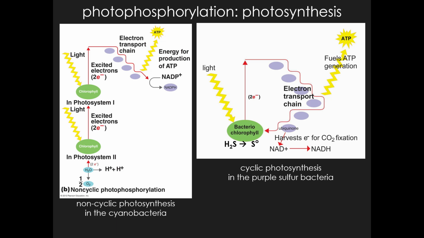So photophosphorylation uses electron transport chains just like respiration, which means you need electrons. And this is where those electrons that the iron oxidizers or the sulfur oxidizers or the water oxidizers are going to be needing those electrons, right?